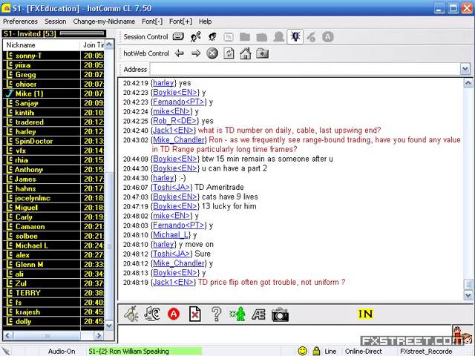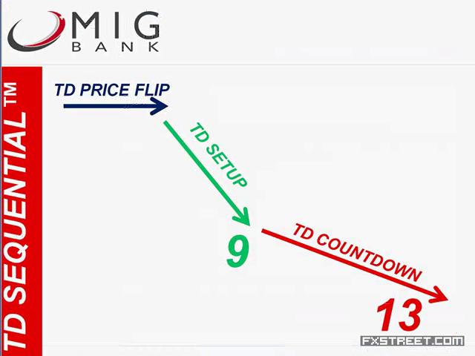One added point I'm going to make is that in the TD setup and TD countdown, what we're doing is comparing a price close to a previous price close. So in each of these stages, the algorithm that DeMark developed is actually focusing on closing prices initially. In the setup process, it's looking at consecutive price closes.